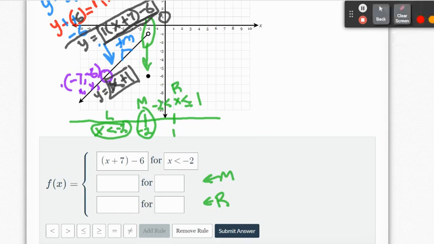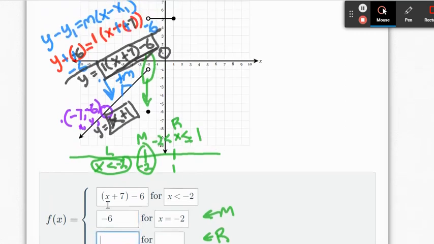So now when x is -2, it kicks out a y height, a singular dot of -6 right here. So I have -6 is my output when x equals -2 is the input.